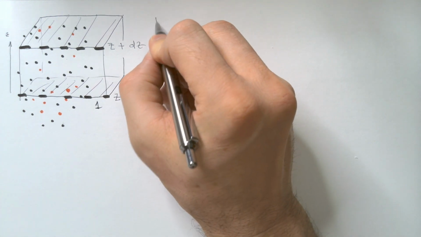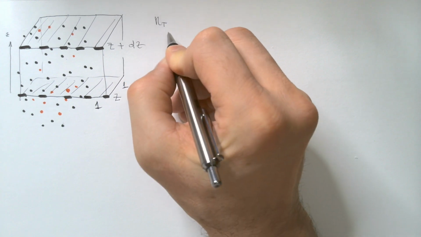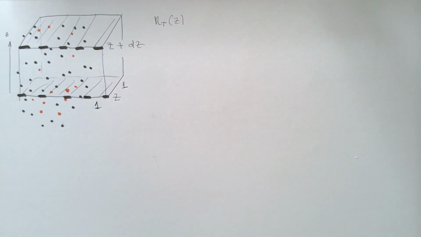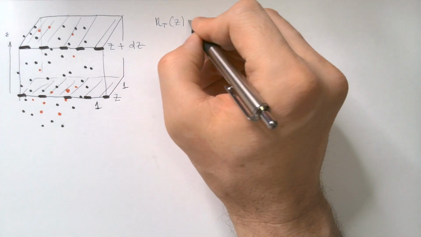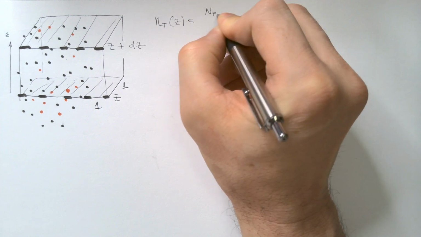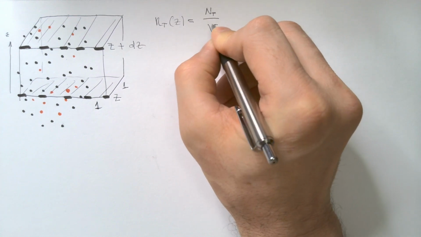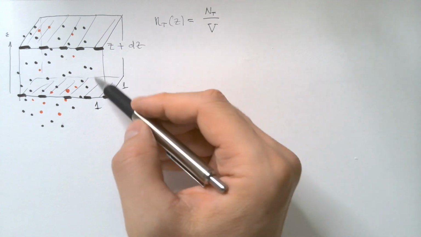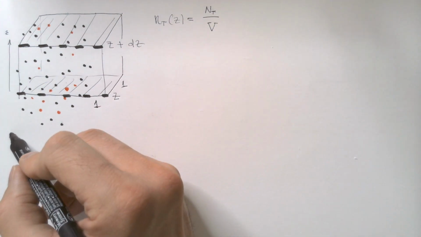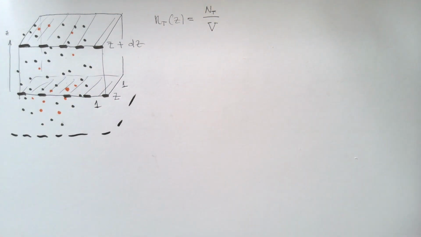Well, like in the previous video, we define nt, which is clearly a function of z, as the number density of these red particles, and that is basically the total number of red particles, tracer particles, in volume V. Now this volume V is not the volume of this box, but the volume of the entire space where this box is located, whatever that is.